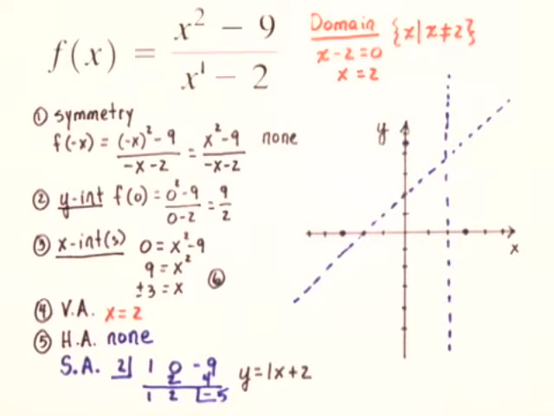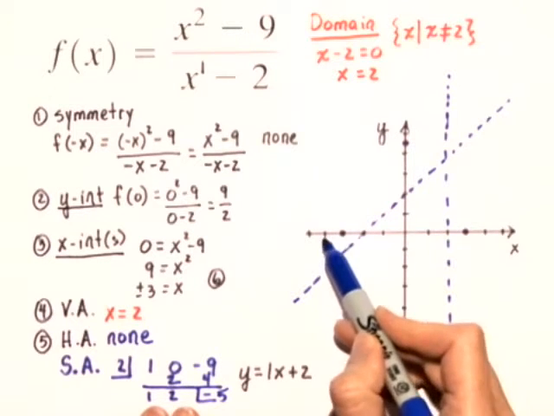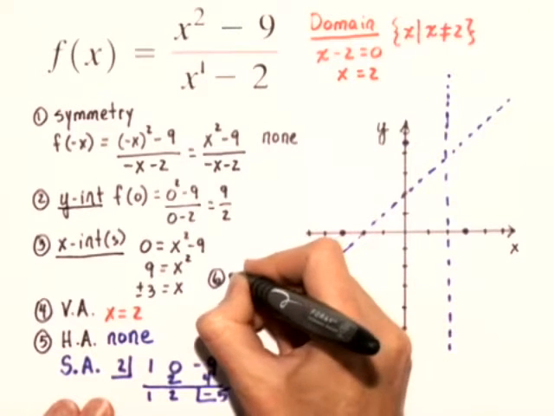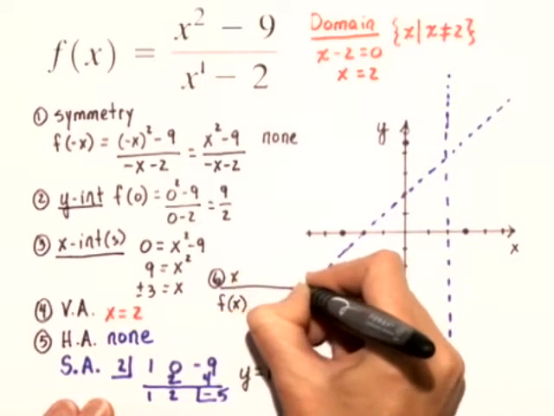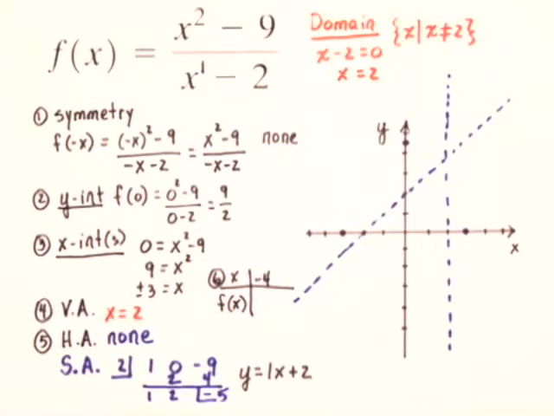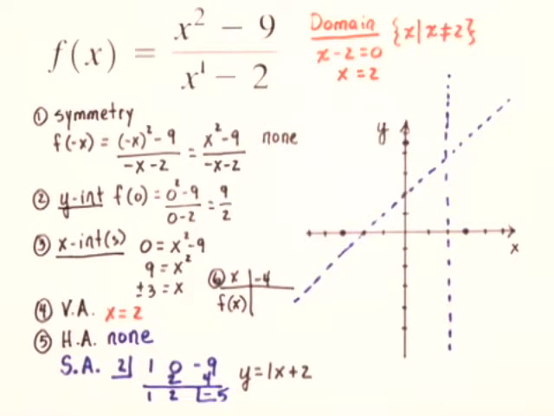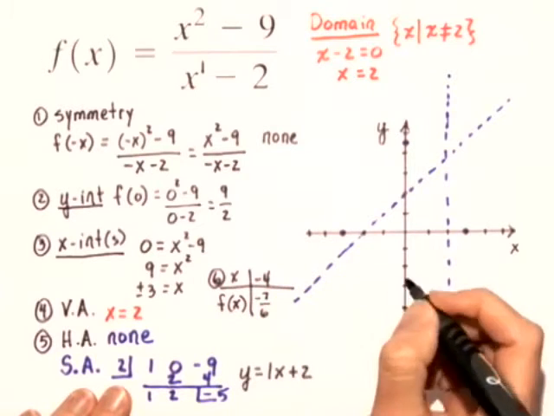Well, we can see right now if we choose a value to the left of negative 3, we could choose, say, negative 4 for x. So here's our chart with x and f of x. Let's let x equal negative 4. If we do that and substitute in our original function, we'll get the value negative 7/6 for our function.